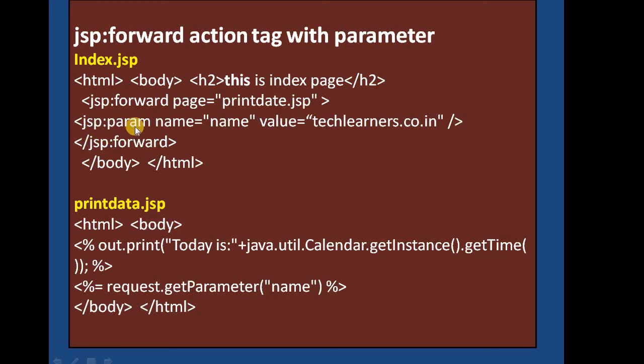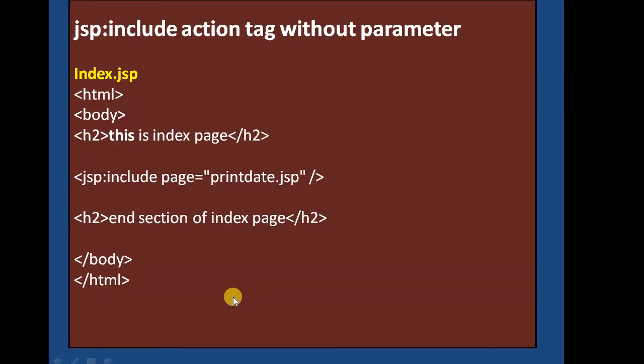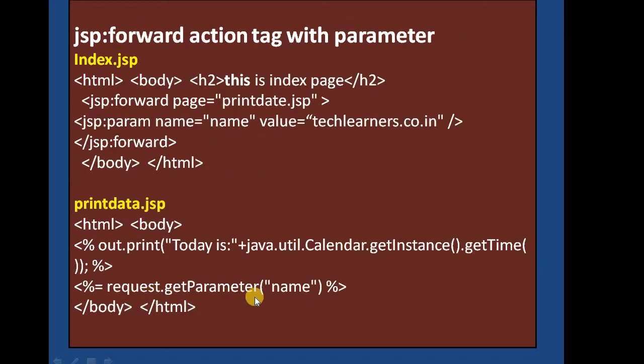We are using a param action tag also to pass a parameter, and then we transfer this parameter to printdata.jsp. Inside printdata.jsp, with the help of the out object and print method we can print the details, and we can also print the parameter we accessed with the request object's getParameter method. So here we are printing the parameter that was passed with the jsp:param action tag.